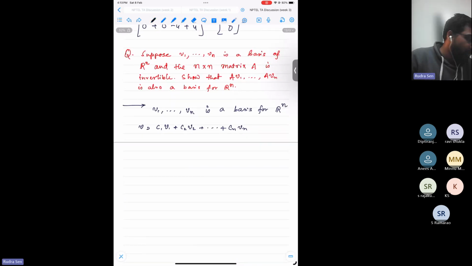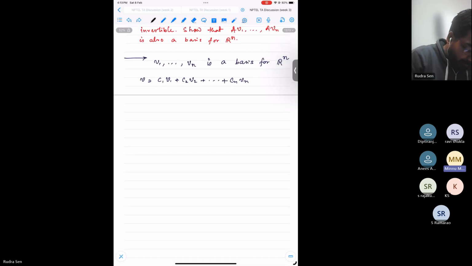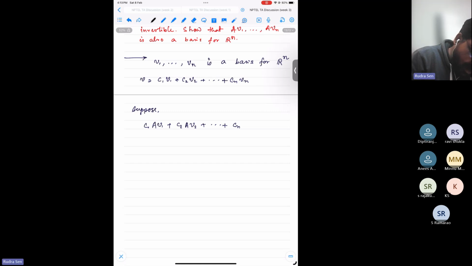So suppose C1 into AV1 plus C2 into AV2 plus up to Cn into AVn equals 0.